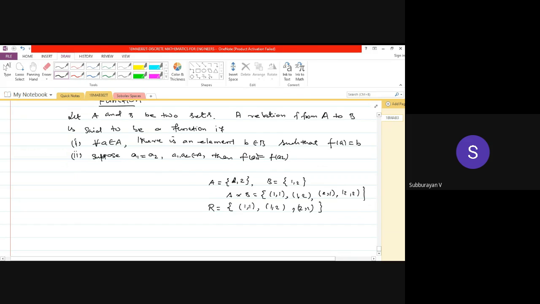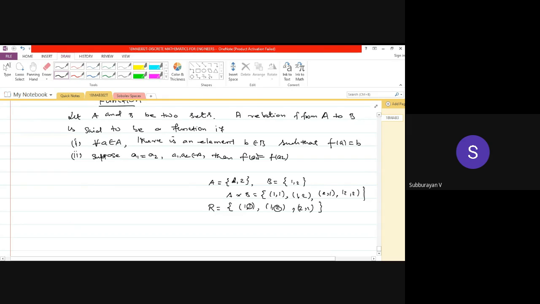This is the image of 1 under the relation R, and this is also the image of 1 under R. There are two distinct images for a single input. It should not be the case for a function. If you have one element, there should be only one image.